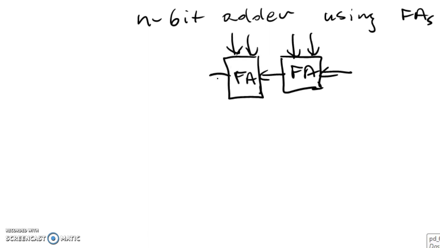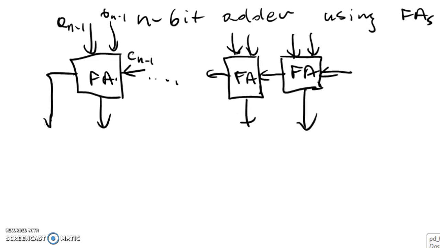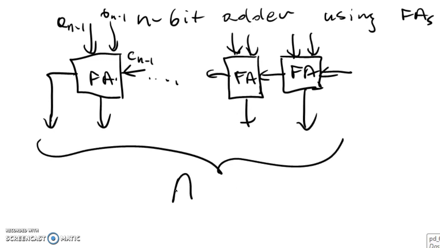We connect the next bits, and so on, and you've got the nth minus 1, so A n minus 1 and B n minus 1 bits, and C n minus 1 is here. FA, the same cell containing the gates I just presented, and the overall result of the sum is here.